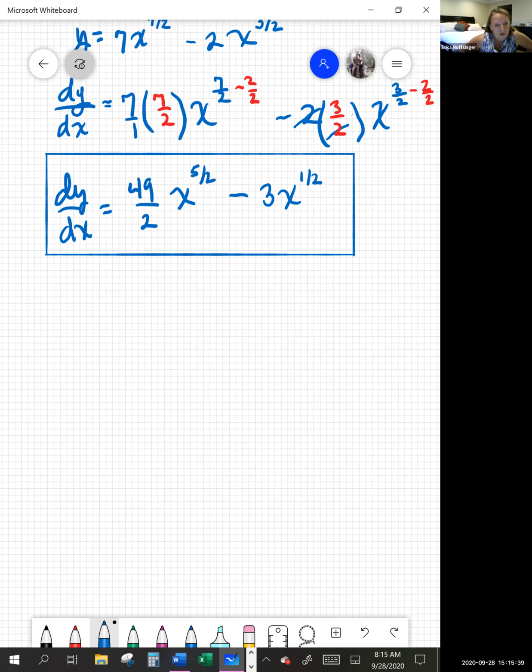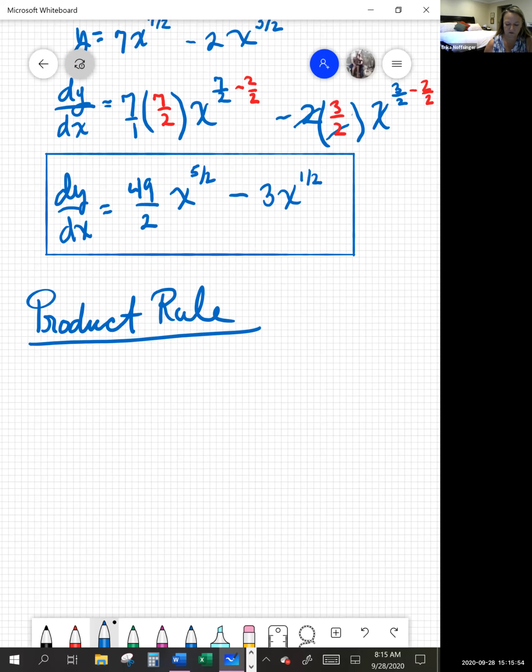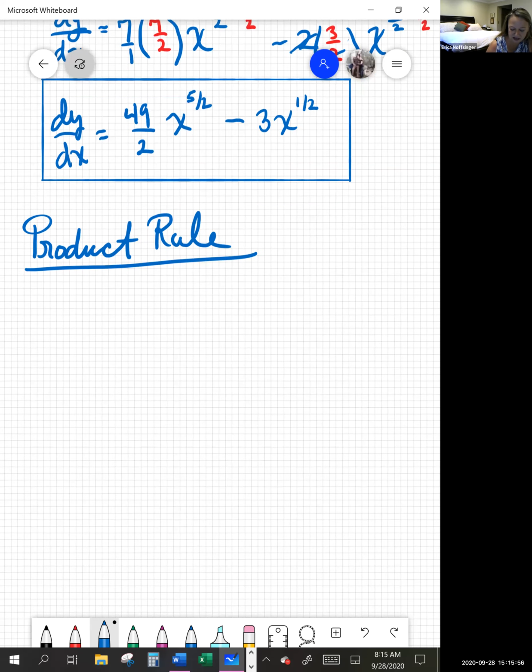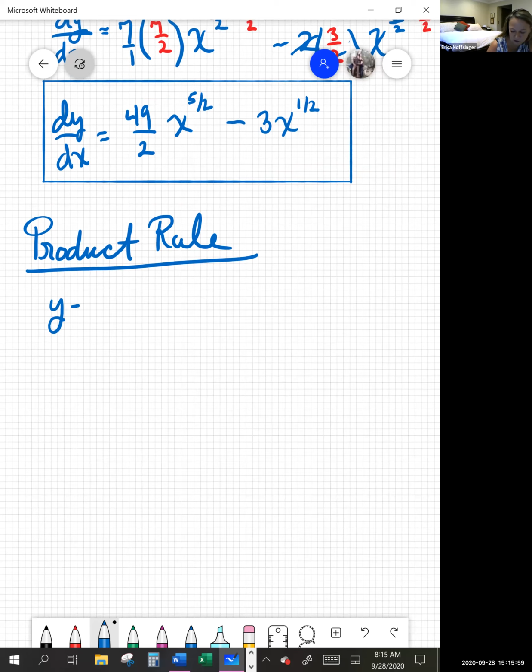So let's start out with using the formal definition of derivatives to derive that product rule. So let's say that you have y is equal to f of x times g of x, and f of x and g of x are both differentiable.